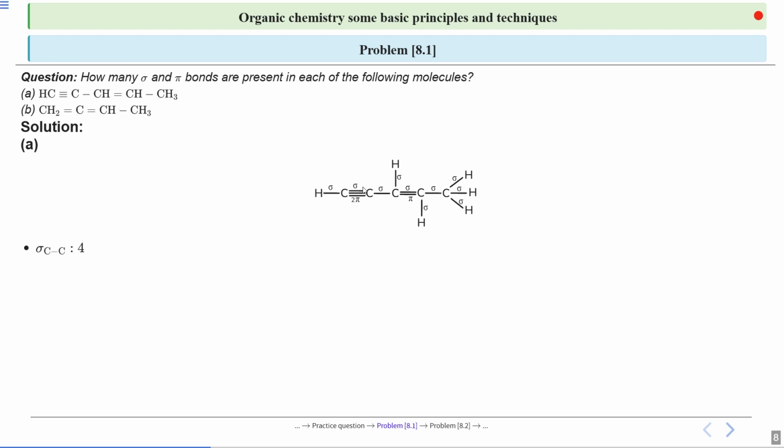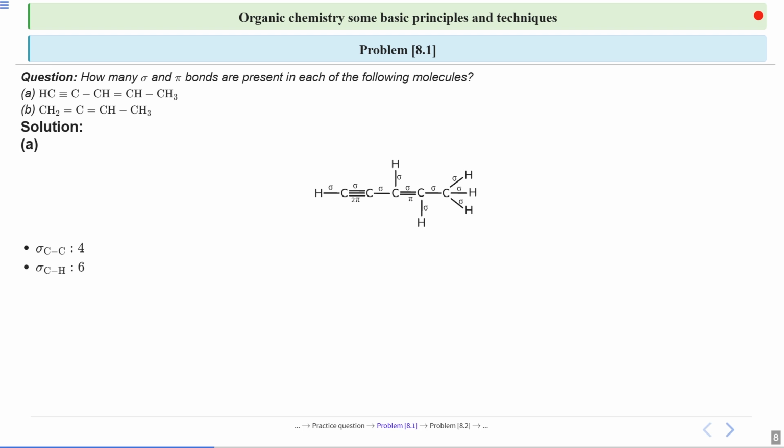So, one from there. Then the next adjacent carbon has 1 sigma bond. Then the double bond again gives 1 sigma and 1 pi. And at the rightmost terminal side, there is a sigma bond coming from the CC single bond. So the total number of CC sigma bonds is 4.